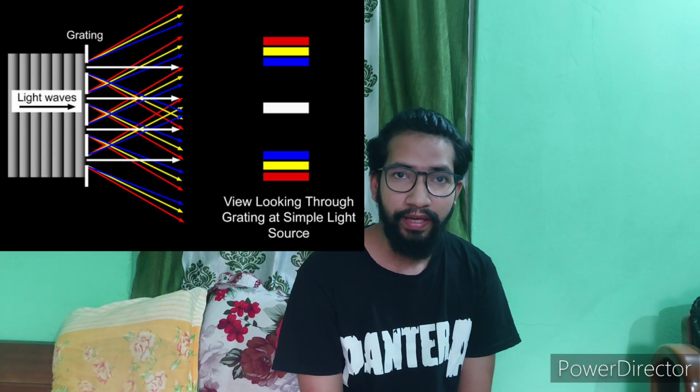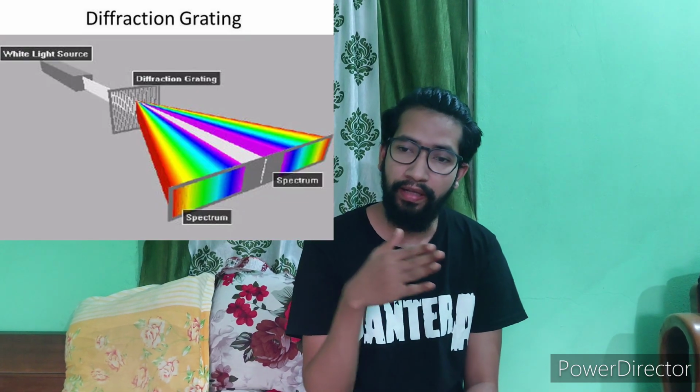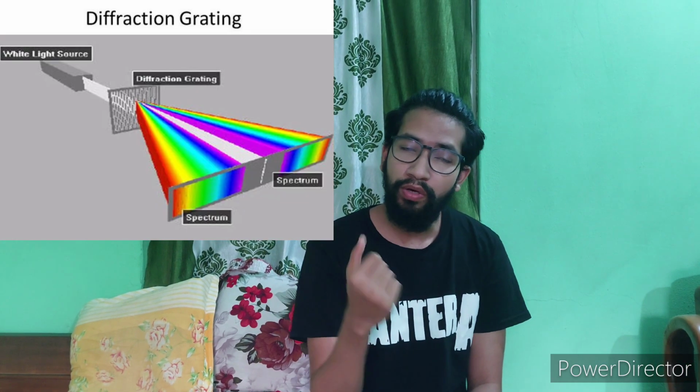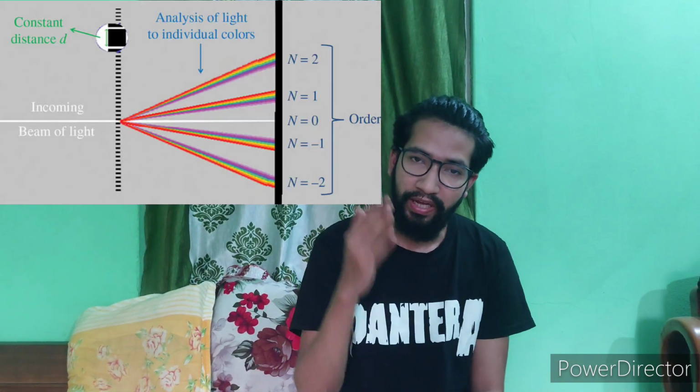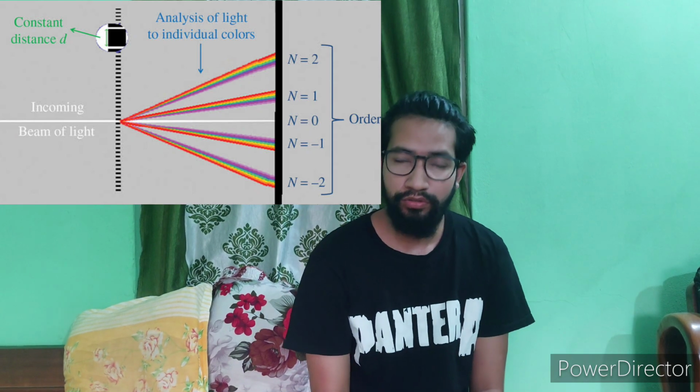What happens is that if there are tiny slits in a surface and light is coming through them, then interference happens, and due to that the color is divided according to its respective wavelength. There will be a primary diffraction order, and there will be a secondary, and so on and so forth.